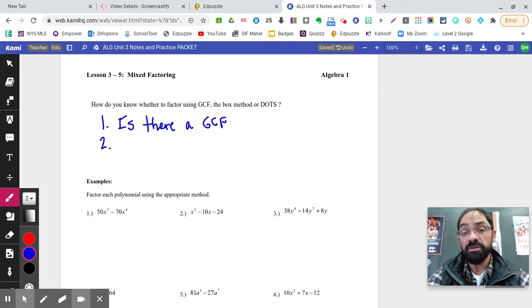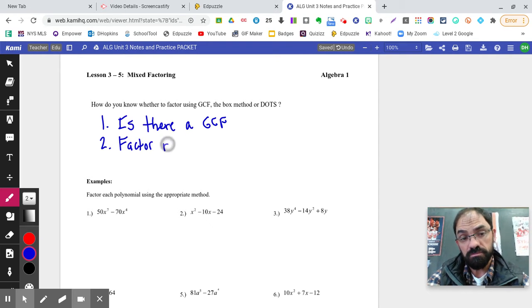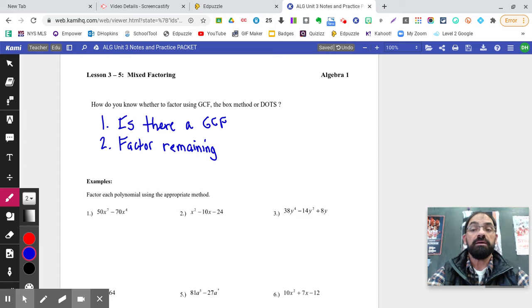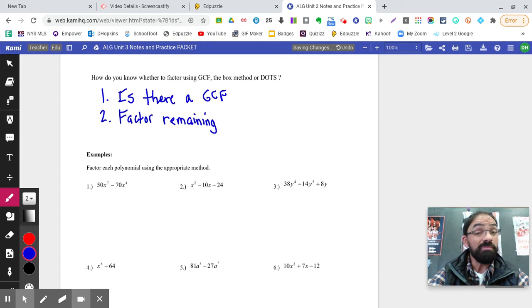If it's a trinomial, then we'll just factor with the box method or with two parentheses. Factor remaining. And I can factor it if it's a trinomial, or if it's a binomial with the middle term missing, chances are it's the difference of two perfect squares.